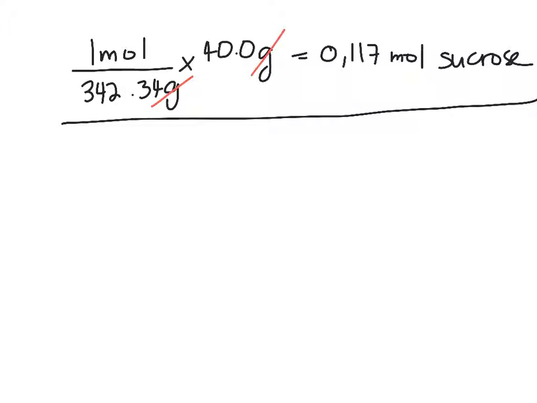So we know millimoles. We know it's glucose, and we know we want mass. So we need to figure out the molar mass of glucose first.